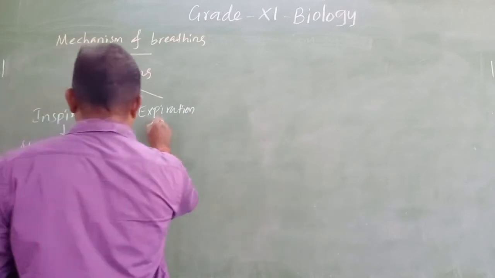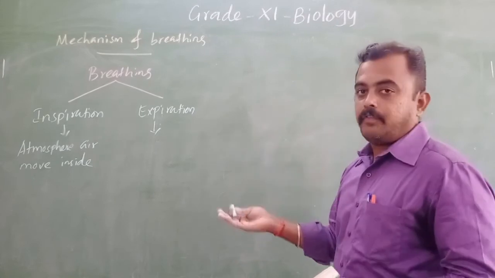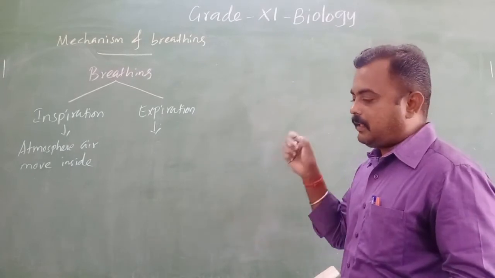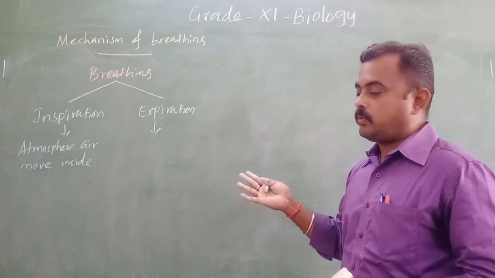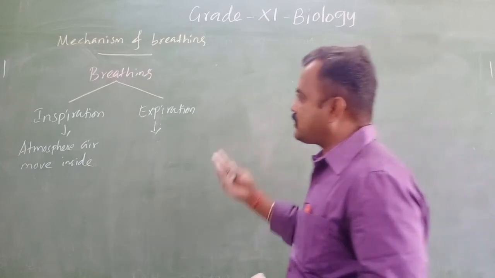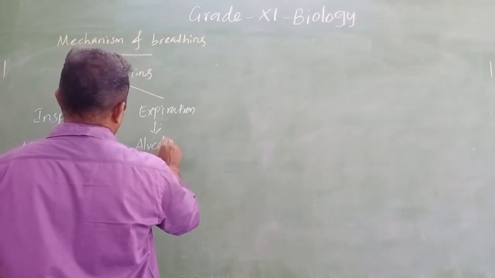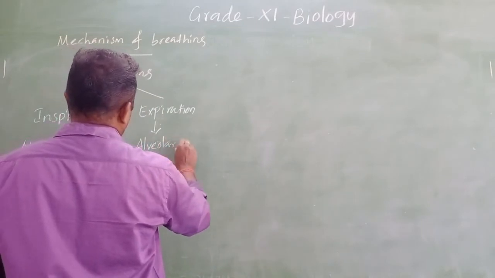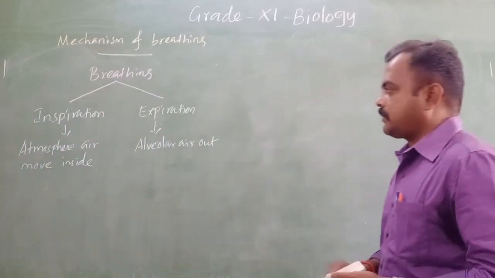Then expiration, the alveolar air, that means the alveoli which get carbon dioxide from the tissue. So that air which is released out, the alveolar air going out, that is expiration.